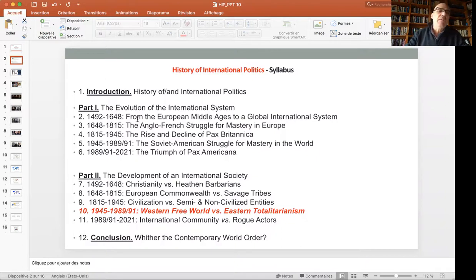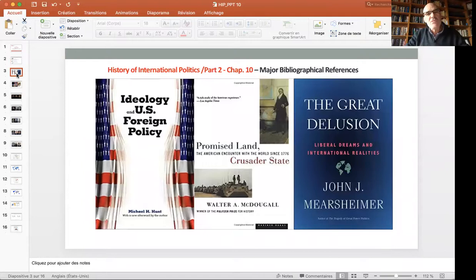held by the founding fathers of America at the end of the 18th century. We have to go back to these foreign policy visions, and we also have to go back to the first encounters, the historical roots of America's encounter with international politics.